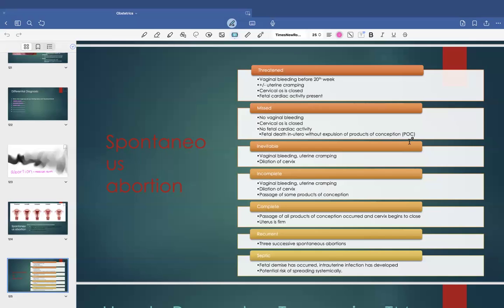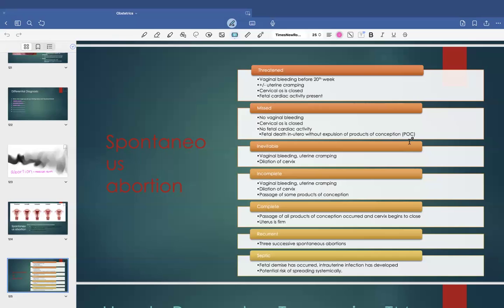Moving to the next step. If nothing came out, for the next step, a little bit came out. So incomplete, passage of some products of conception. You might see tissues on the exam. Bleeding and cramping usually continue until all products have been passed. These patients may have severe pain, heavy bleeding that causes them to seek medical care. So threatened, closed. Missed, closed, baby still in there, it's gonna have to be removed, it's fetal death.